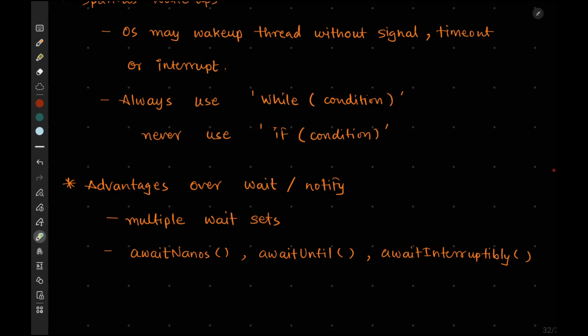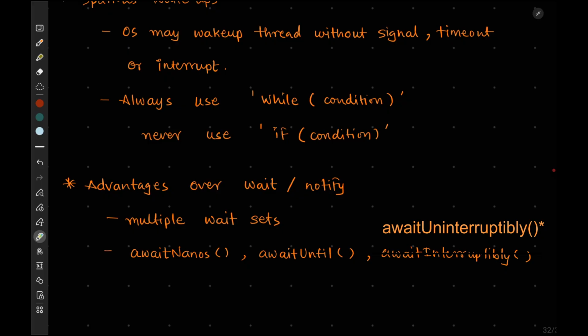So what does condition give us? Multiple wait sets. No more waking the wrong thread. Richer API: awaitNanos, awaitUntil, awaitUninterruptibly. Better integration with lock. You can have timeouts and interrupts together.